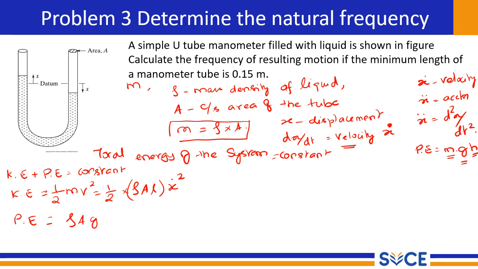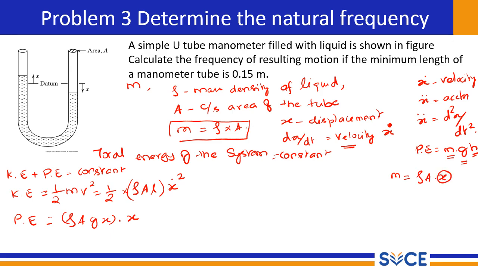Here it is going to be the liquid column. So it is rho A g x, into x. How is this mass calculated? Rho A into the displaced liquid column.